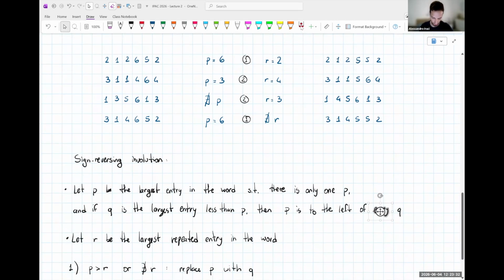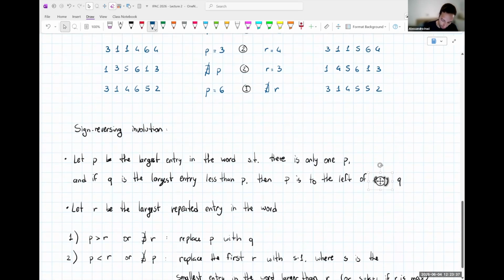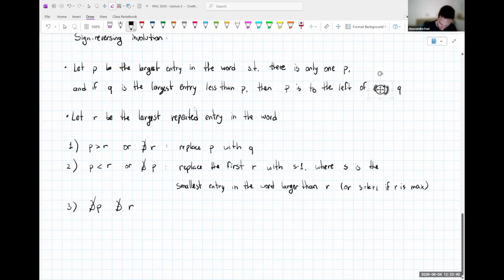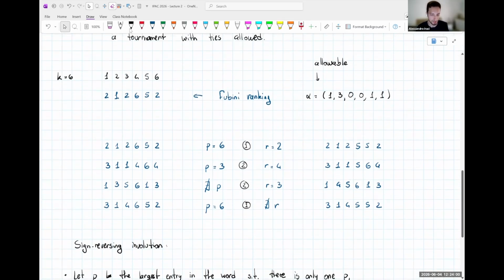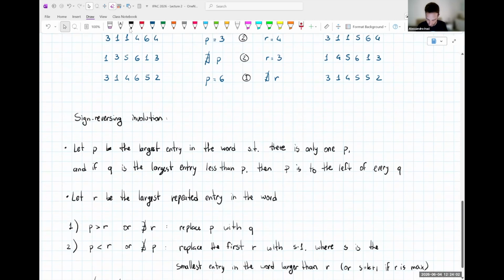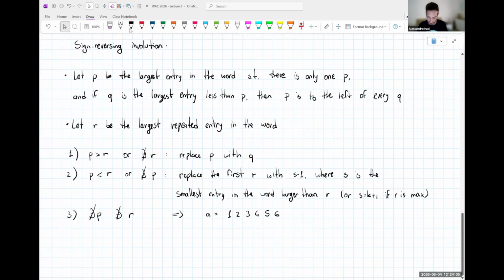And this can only happen if our word is exactly 1, 2, 3, 4, 6. Because as soon as you have an inversion, you have a letter that has the letter immediately smaller to its right, and that's your P. To have no P, we have to have this series of inequalities. To have no R, the letters have to be all distinct. So this is the only case. And in this case, we do nothing.